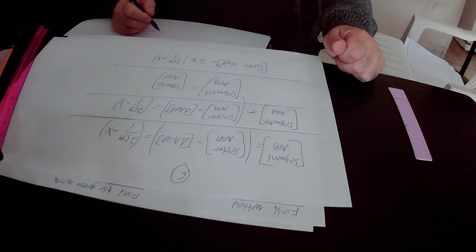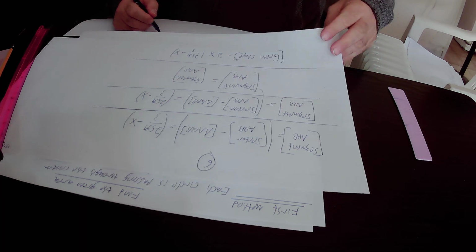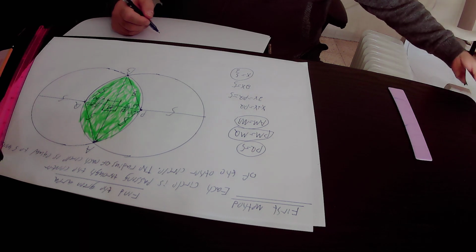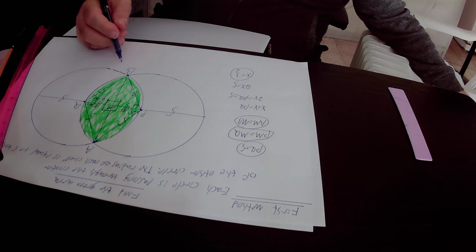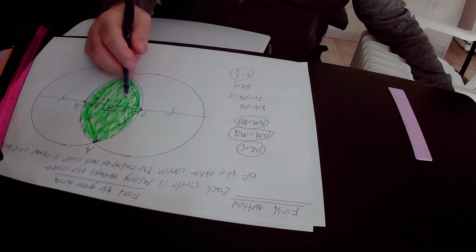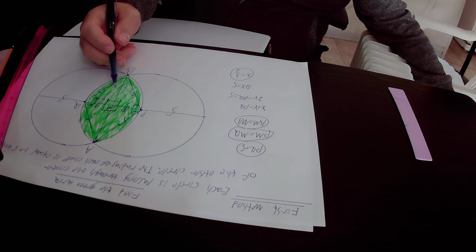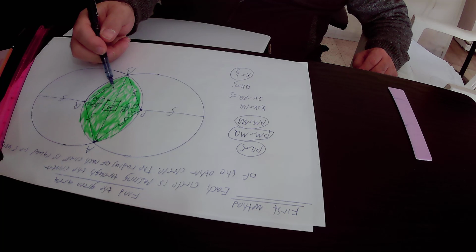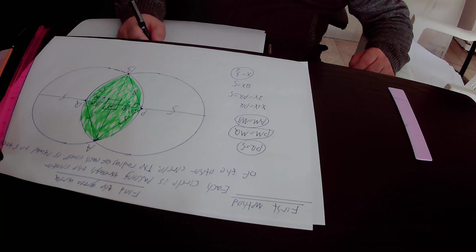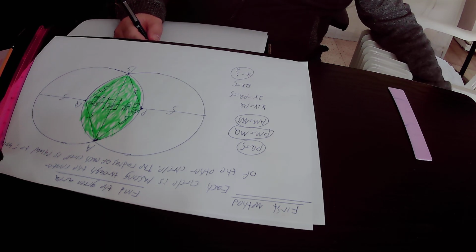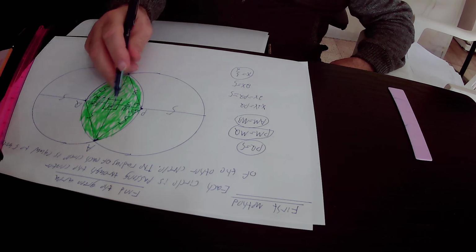Okay, so the only thing that is left is to find out the value of x, that is the area of triangle APB, or the area of triangle AQB. So we will find out the area of triangle APB.